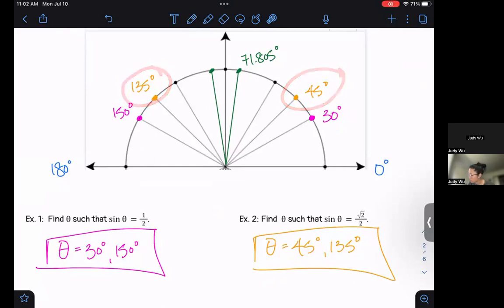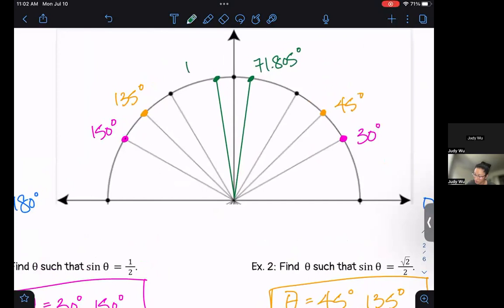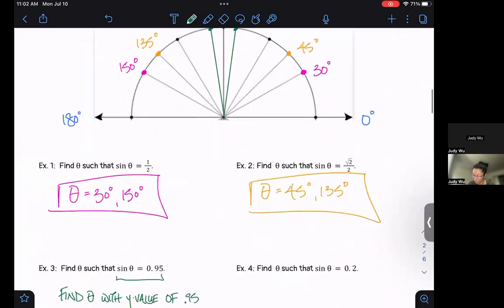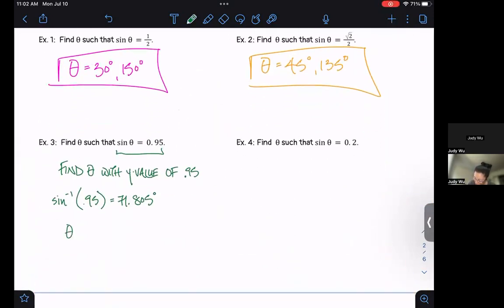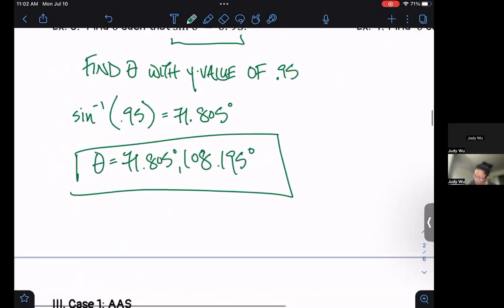Okay, so let's do 180 minus 71.805. I get 108.195. And that is the measure of the other angle. Okay, so here I have theta equals 71.805 and 108.195 degrees. Okay, and I got them because they should add to 180 degrees.